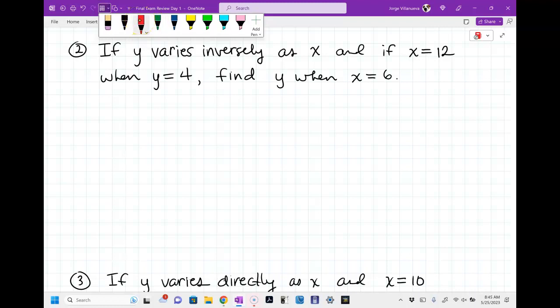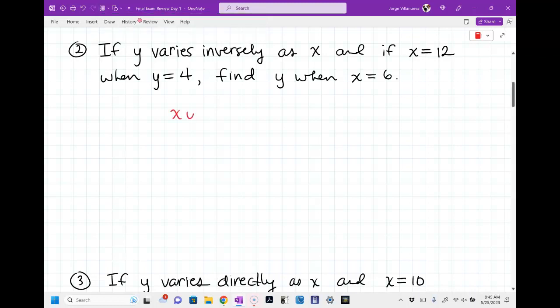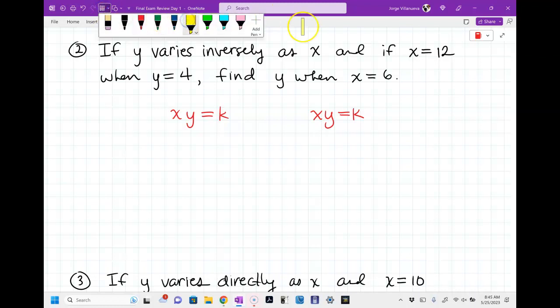For inverse variation, the formula is this: xy equals k. And if you remember, anytime you do these variation problems, you got to write the formula 2 times. So xy equals k. The first time you're going to use the first piece of information they give us. This right here.